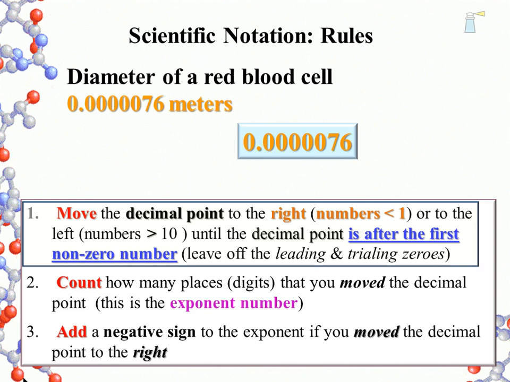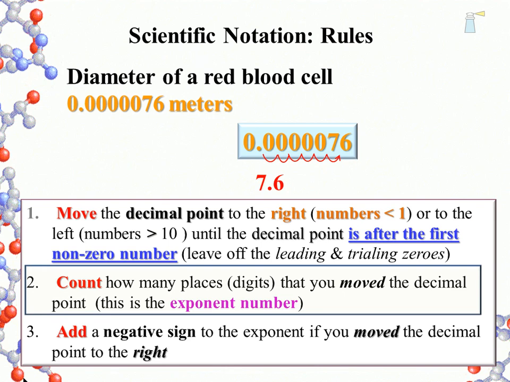Okay? 1, 2, 3, 4, 5, 6. The decimal goes after the 7, and our coefficient is 7.6. Rule 2 tells us to count the steps we took, and we did that. It was 6. Our base is 10. Our exponent is 6.